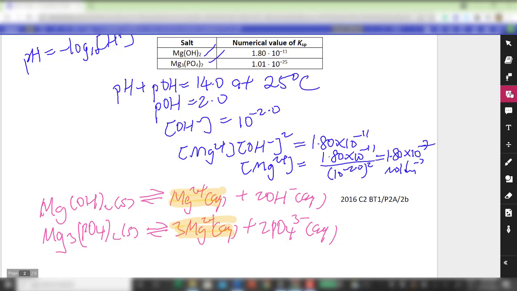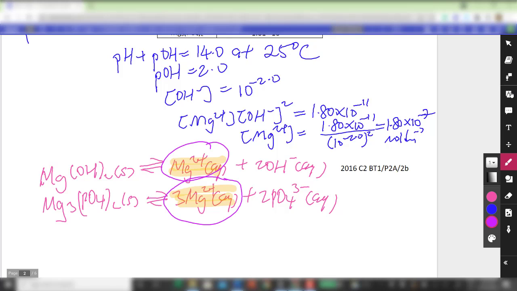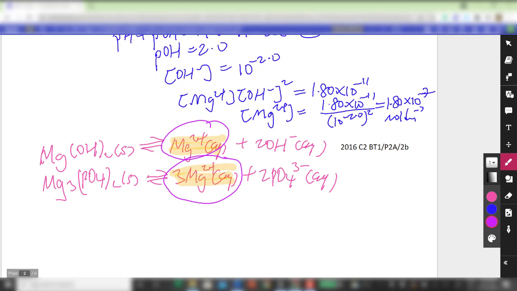I hope that is clear to you. With that, you know that the value must be the same as the value for the other equilibrium, so we can use this to equate it to the KSP of magnesium phosphate.